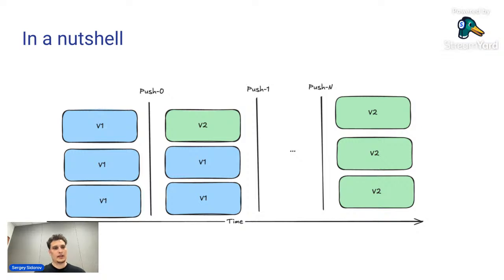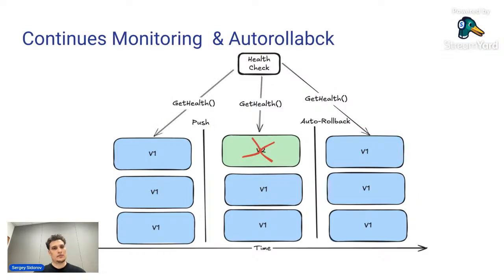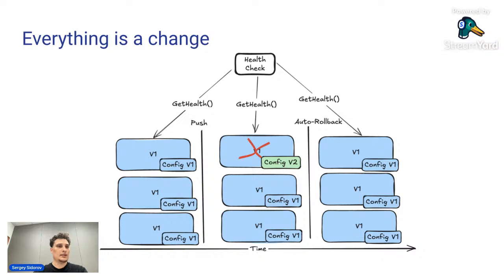This sounds like a very simple idea, and this is integrated with some mechanism to evaluate the health of the pipelines. So let's say if we have an issue and we have to roll back, this is quite easy, right? We basically identify that there is a node that is failing, and we are ready to roll back. Because everything is a change, we don't really care if it was a code change or a config change.